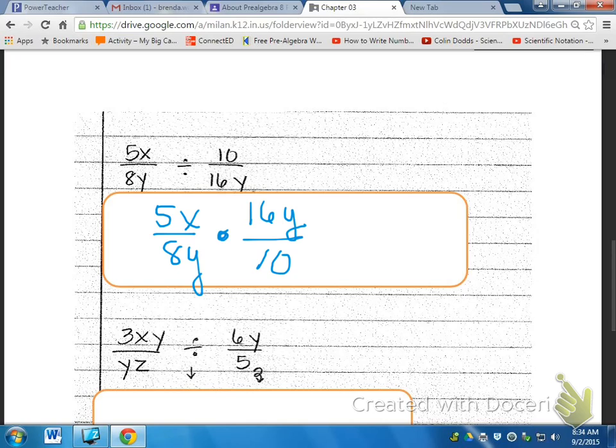It's just like before. If you've got any common things, including letters, variables, cancel them out. So I would cancel out the 5 and the 10, becomes a 1 and a 2. I'd cancel out the 8 and the 16, a 1 and a 2. Oh, look at the 2 and the 2. The 2 and the 2 become a 1 and a 1.